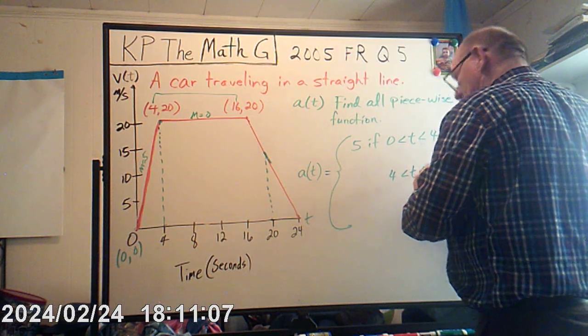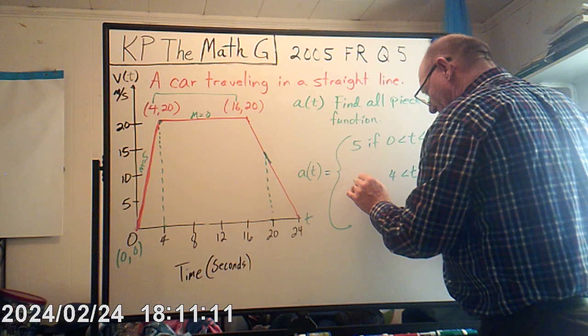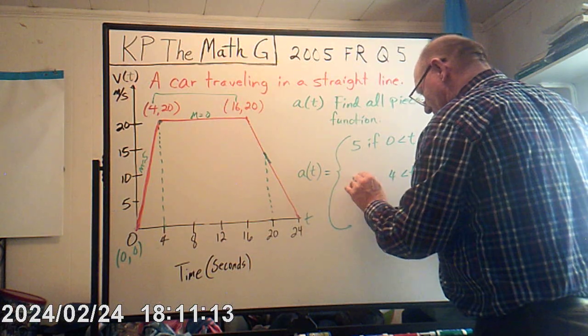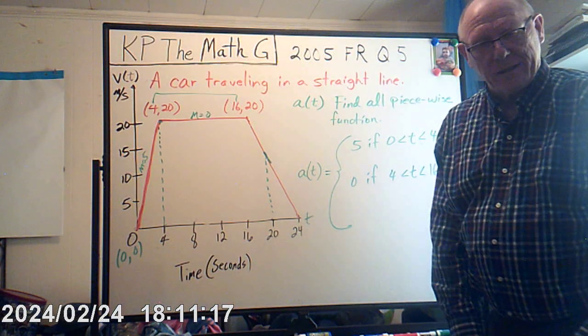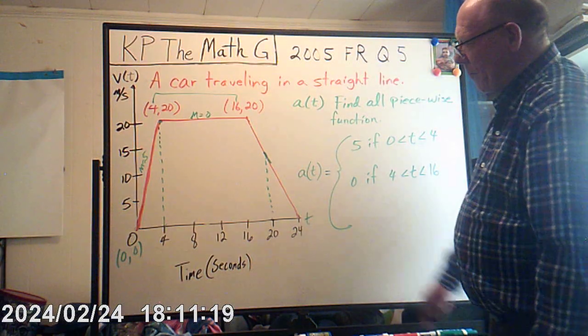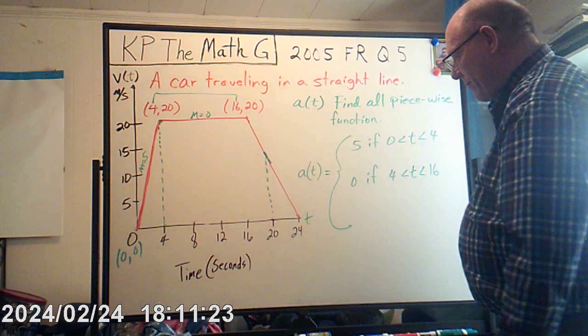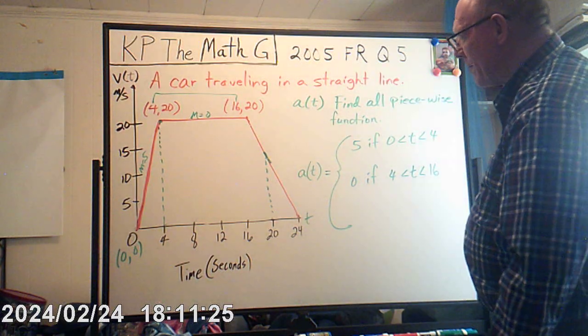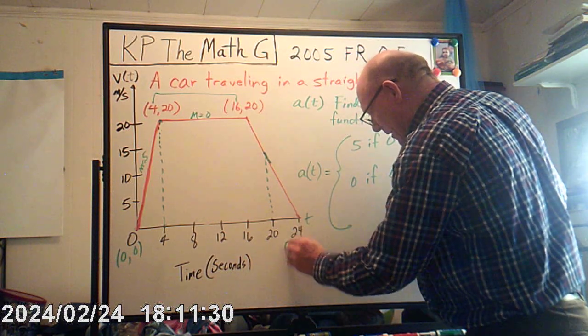What is the slope? The slope is 0. There we go. We have one more piece here, and I think we may have already found that one as well. Remember, this is 24, 0.